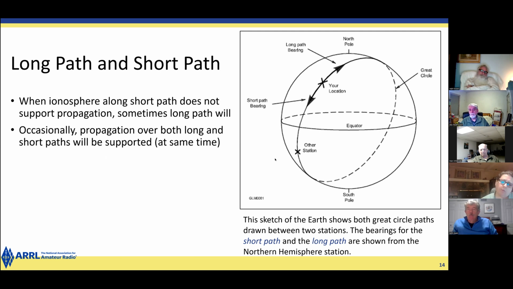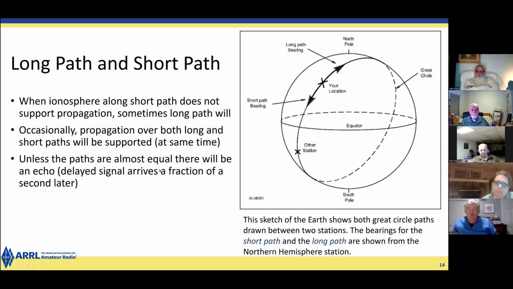And that happens sometimes. Occasionally, it may be that the path through the ionosphere, the short path, is no good and the long path is just right for signal propagation. Occasionally, you'll hear both paths.